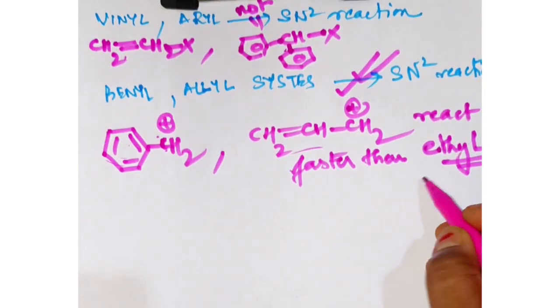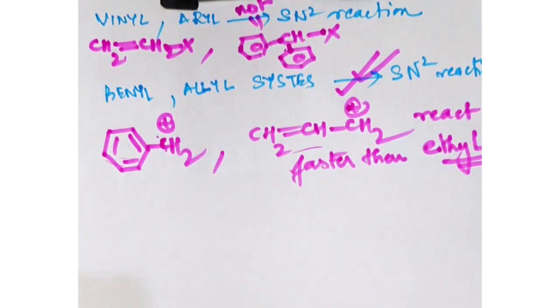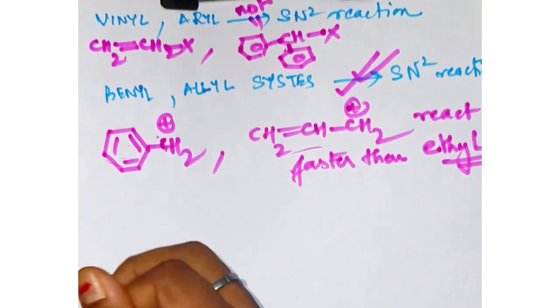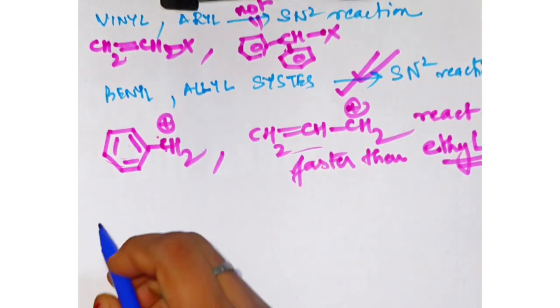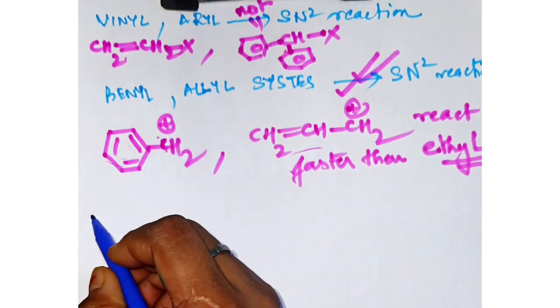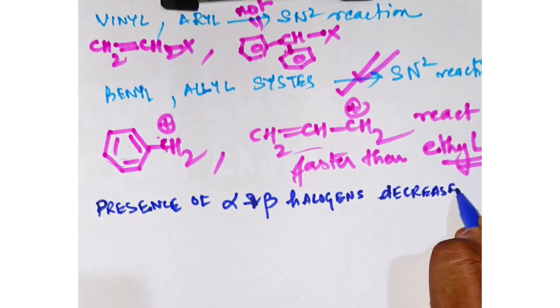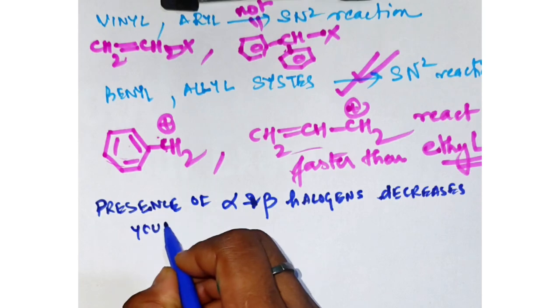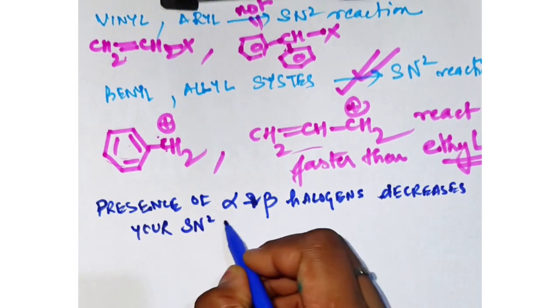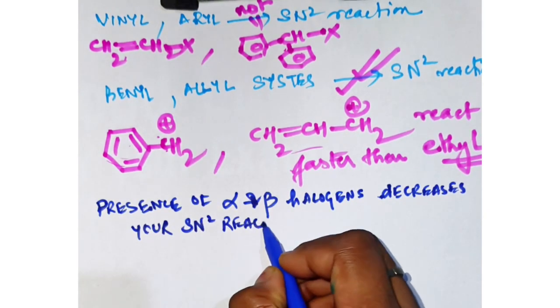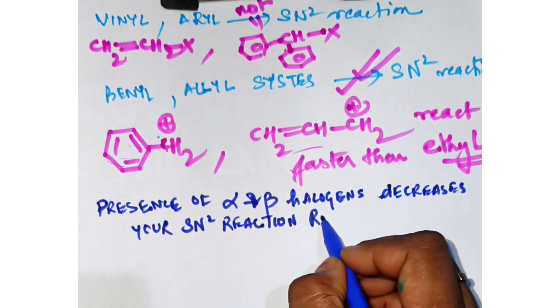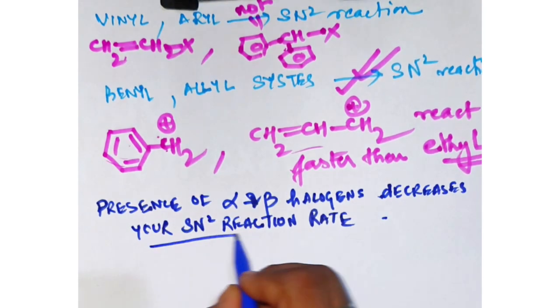Okay, so now we will see different examples, such as the presence of alpha and beta halogens on the substrate, and your SN2 reaction rate.